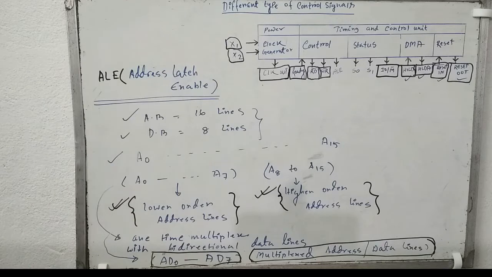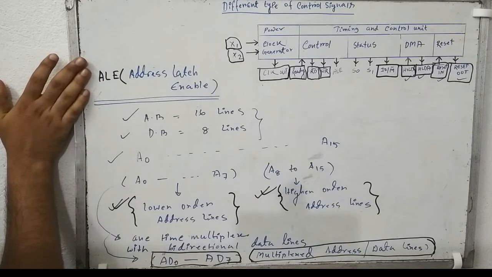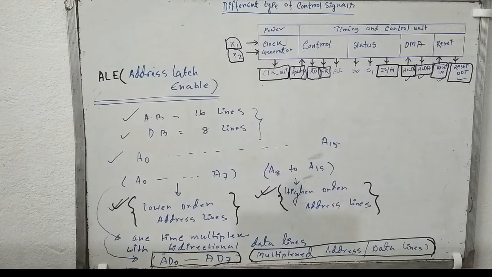Then how does the microprocessor know whether it is an address line or a data line? In that case an ALE signal is required.